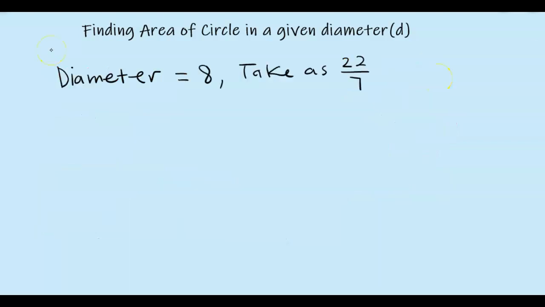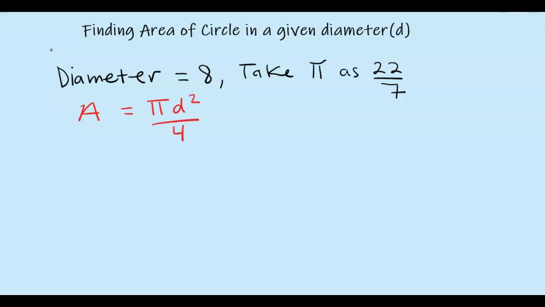Alright, so we have been given a diameter to be 8, and they want us to take pi as 22 over 7. Okay, so here we want to calculate it in terms of diameter, and we know the area with respect to diameter is pi diameter squared all over 4. So we are substituting our numbers.